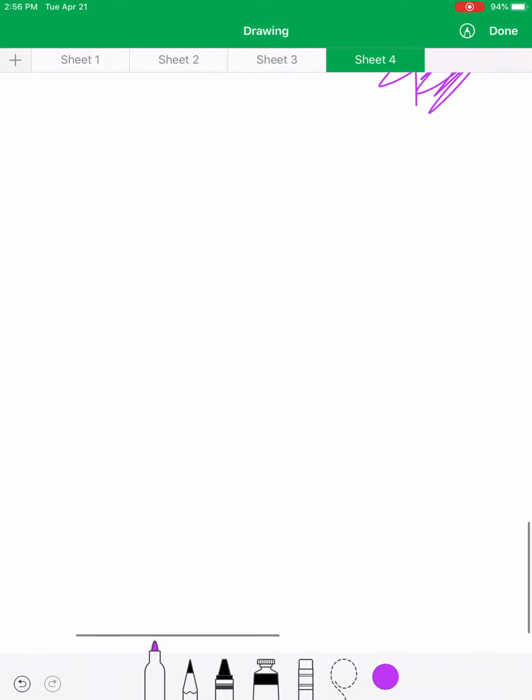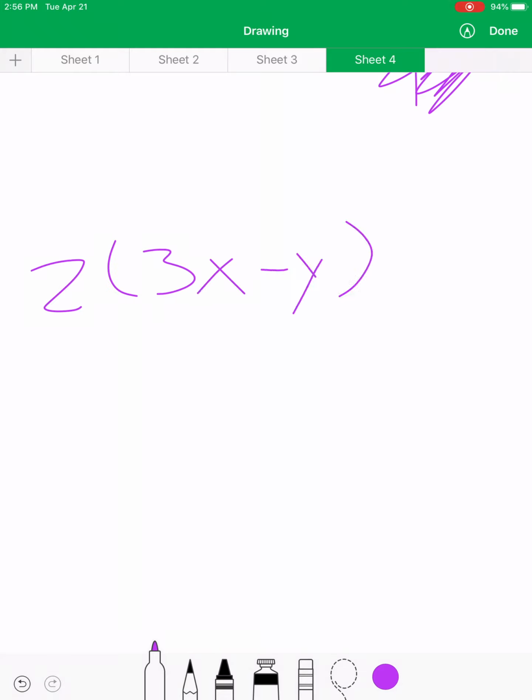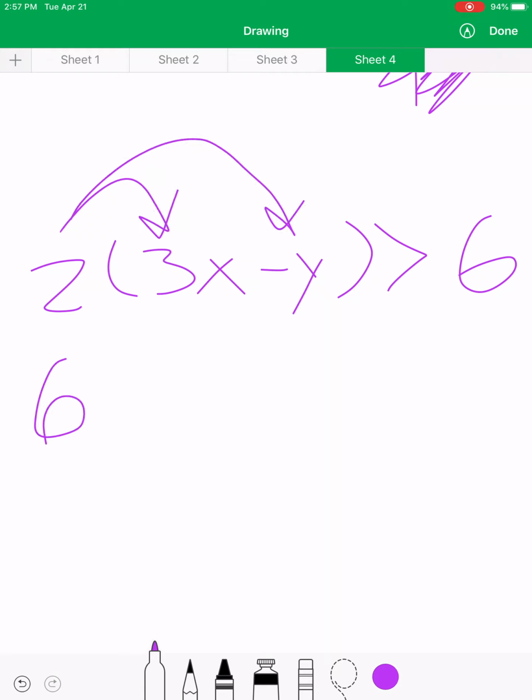Let's try one more. How about this one? What if I have 2 times 3x minus y greater than 6? Just like any other problem, we're trying to get into y equals mx plus b format. So first thing, I need to distribute what's outside to what's inside. 2 times 3x, 6x. 2 times negative y, minus 2y greater than 6.